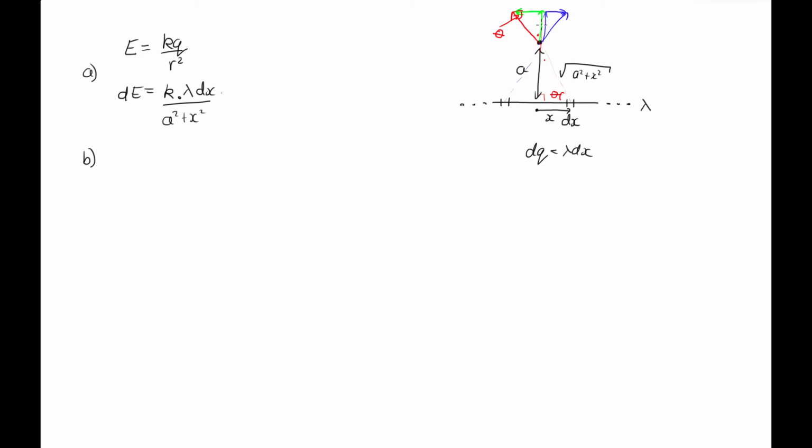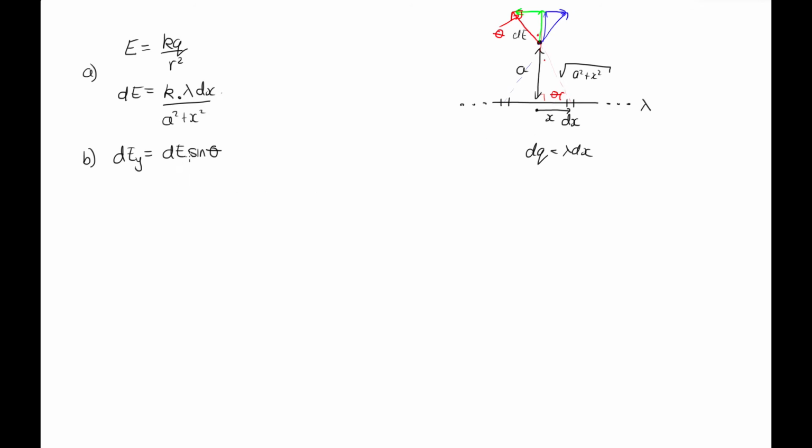So it's asked us just to find the vertical components because those are all we're going to need. So we'll have dEy is equal to the total electric field, this one, times sine theta, because it's opposite our angle theta.